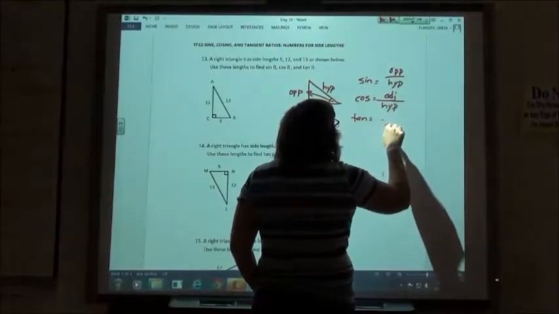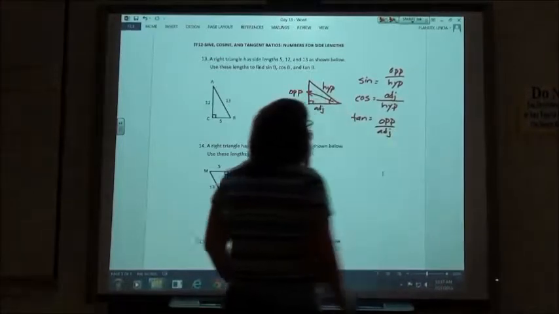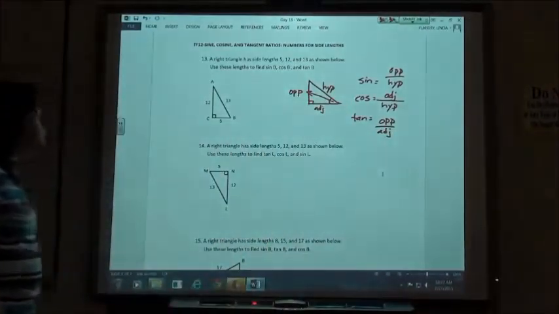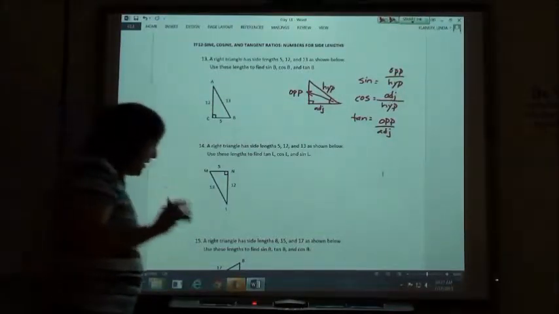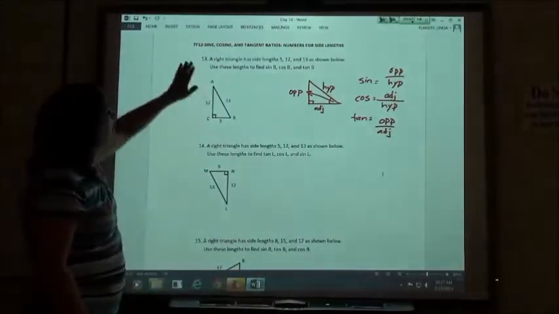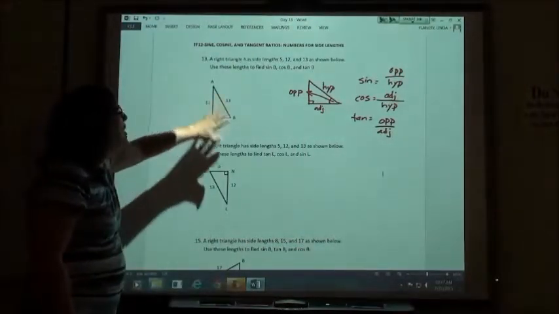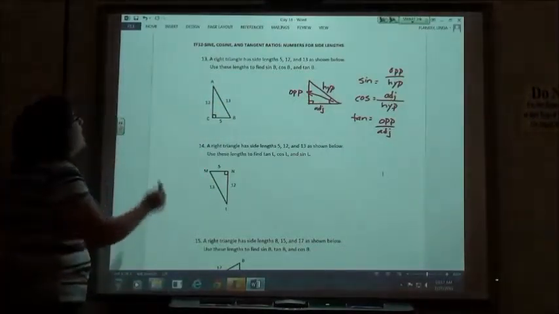And your tangent is your opposite over your adjacent. So those are your three basic trig functions. We will have some more that are the inverses of those, but just to start out with, they're just going to have you name what the sine, the cosine, and tangent are. They've already got the triangle labeled for you, so you don't even have to find anything.